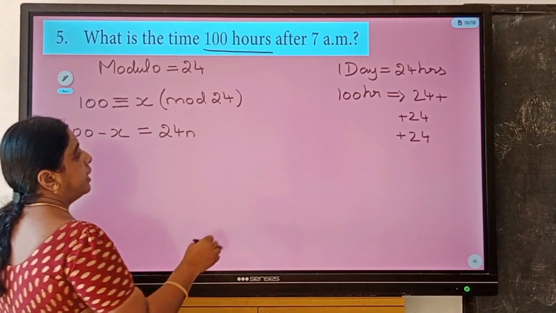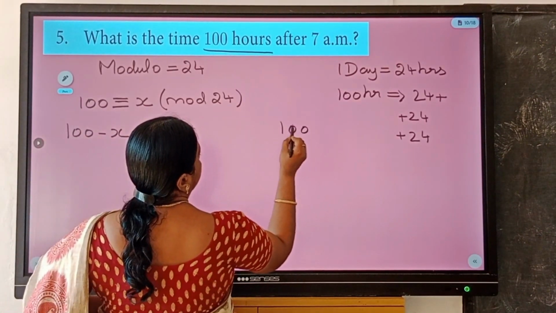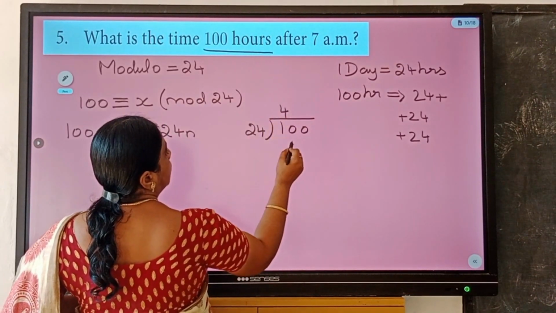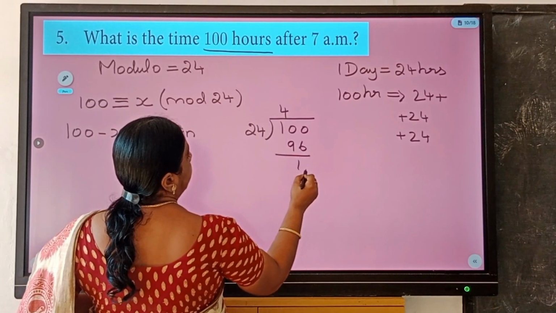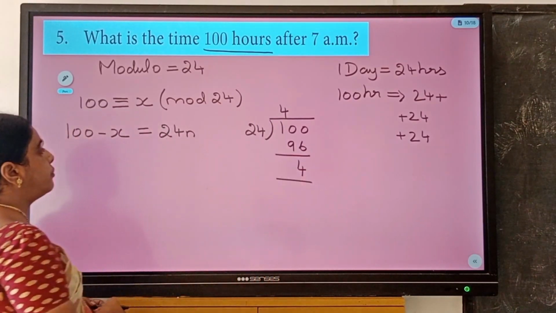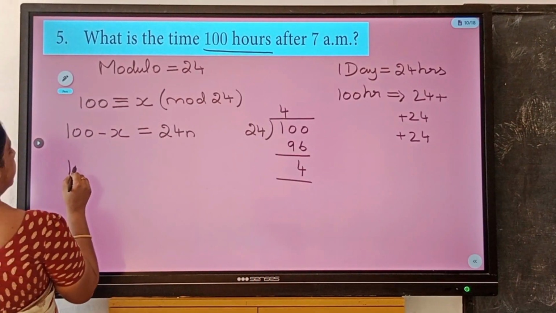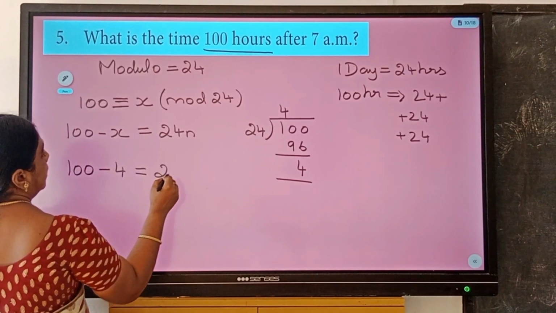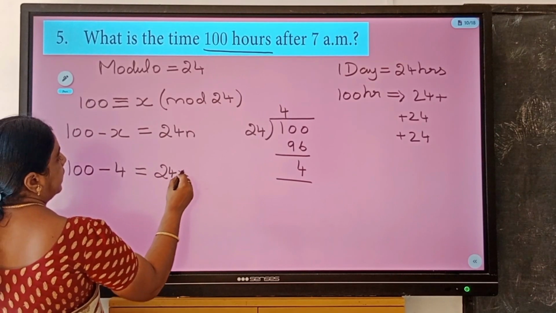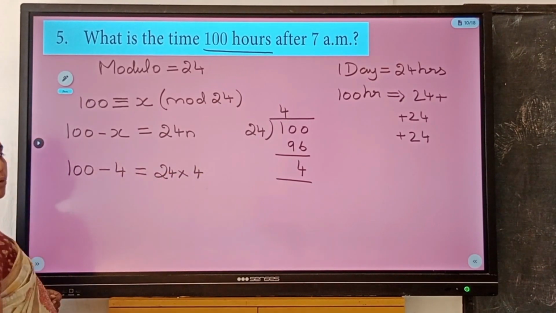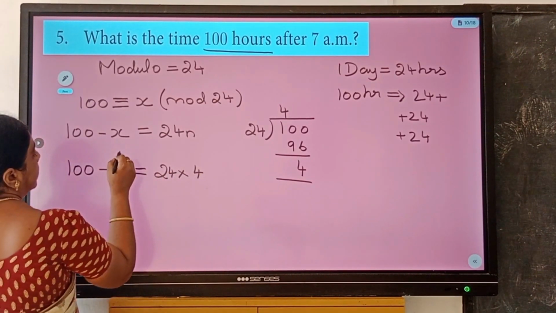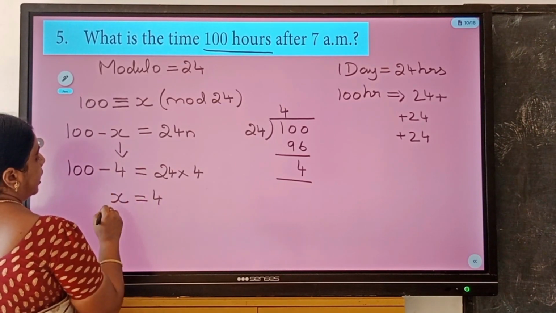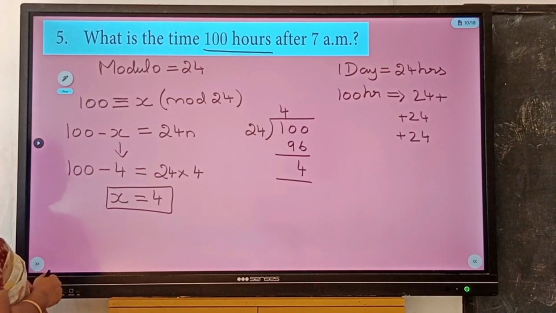So let's divide 100 by 24. 24 fours are 96 and the remainder is 4. So 100 minus 4 is a multiple of 24. So in the place of x we have 4. Now we have found the value of x.